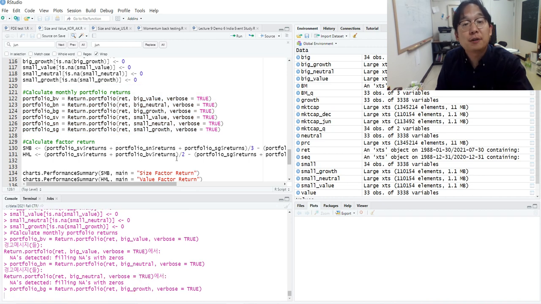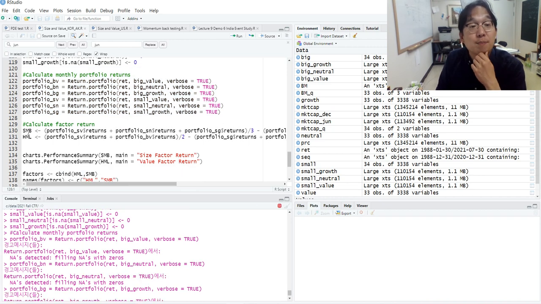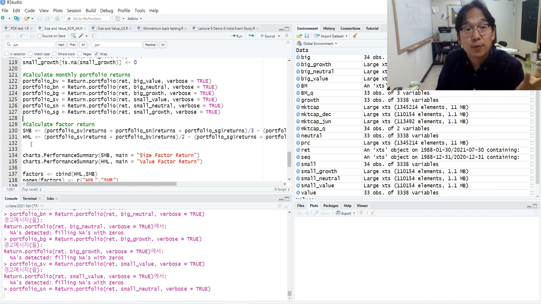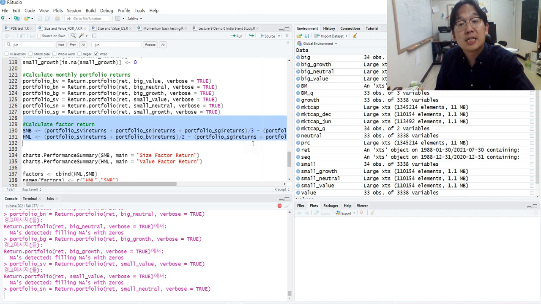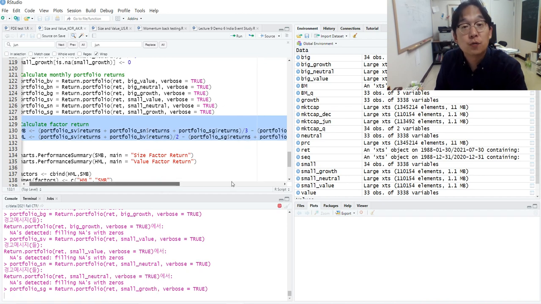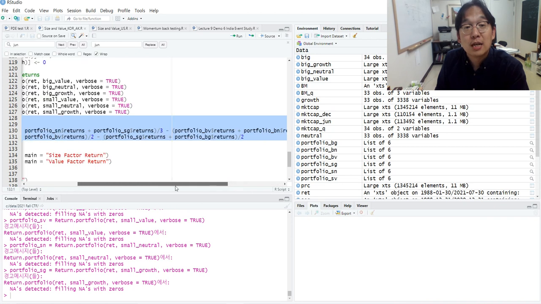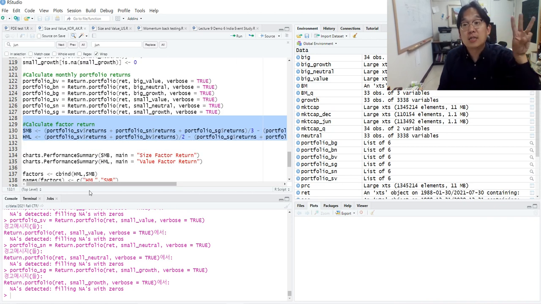Well, the first factor is the size-based one, SMB. The second factor is HML, high minus low. They are simple averages of those component portfolios. For size, you had three portfolios and three portfolios for small minus big.